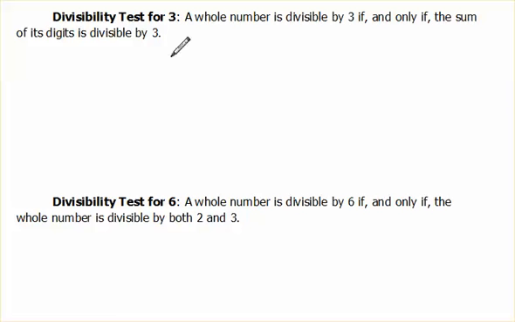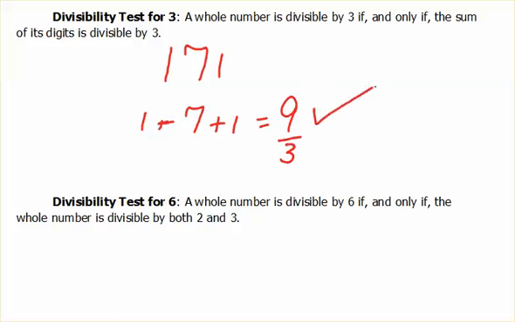Let's say we had a number like 171, and I wanted to know, can that be divided by 3? Well, we would add up 1 plus 7 plus 1, and that would equal 9. And 9 is divisible by 3. So, yes, 171 can be divided by 3 evenly.